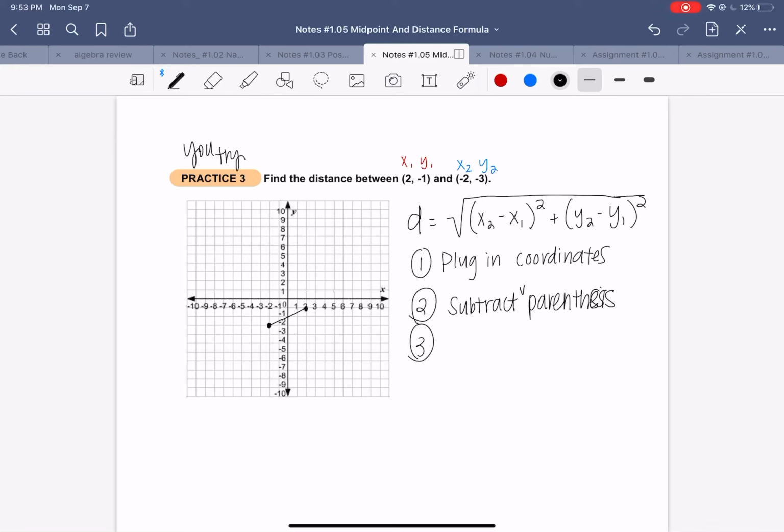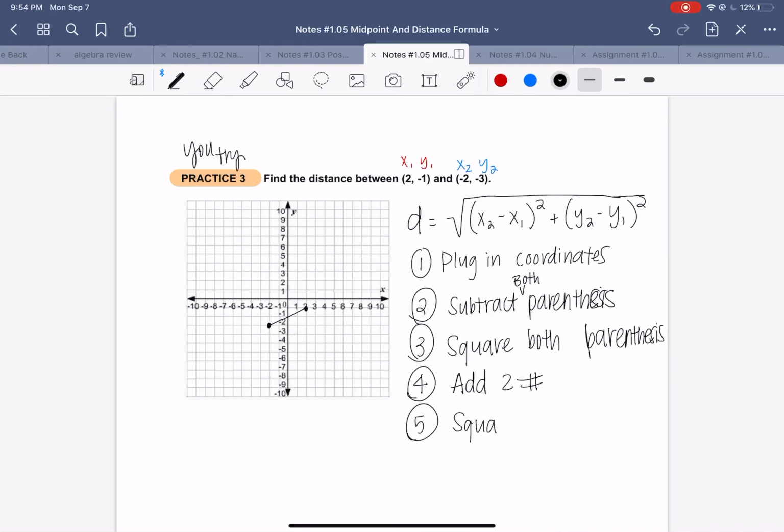Subtract both parentheses, by the way, and then square both parentheses. Step 4 is add the two numbers that you get. And then step 5 is take the square root.